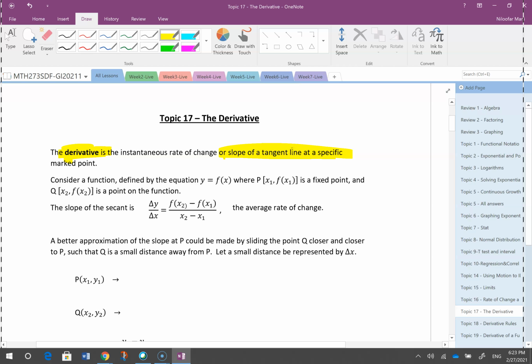So what did we say about the slope of the tangent line? If you remember, I can show it here.